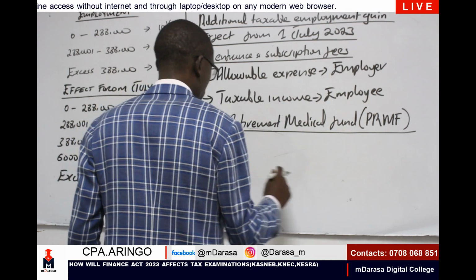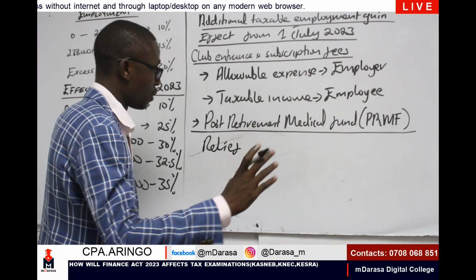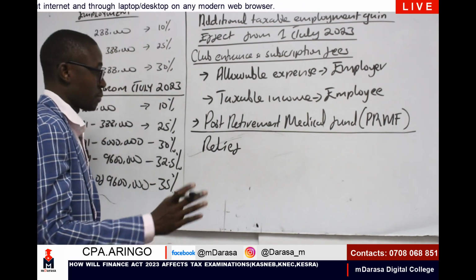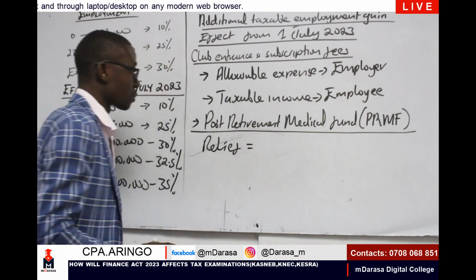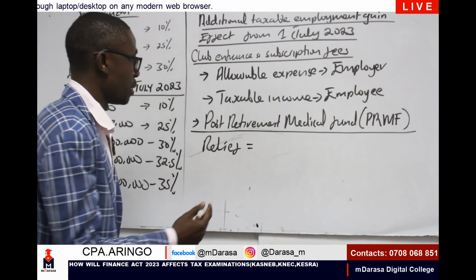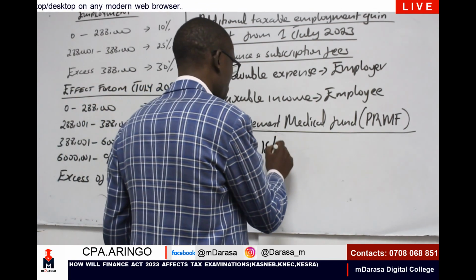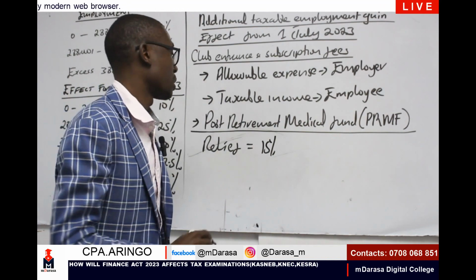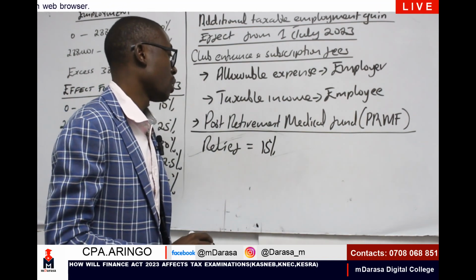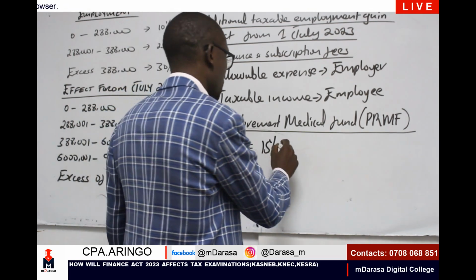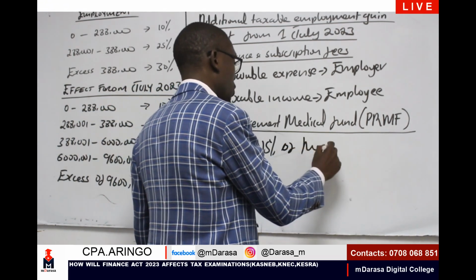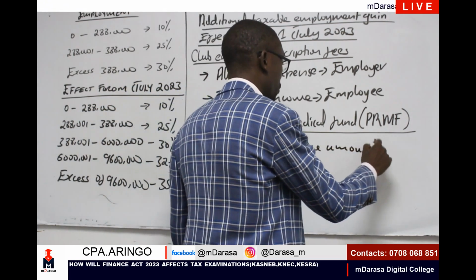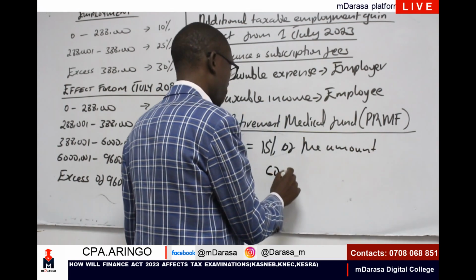You see, after you have computed all your tax payable, below that you have to measure it, the way you are doing with insurance premium. The same case applies to this post-retirement medical fund, whereby you'll take 15% of the amount that you're paying and compare it with 60,000.